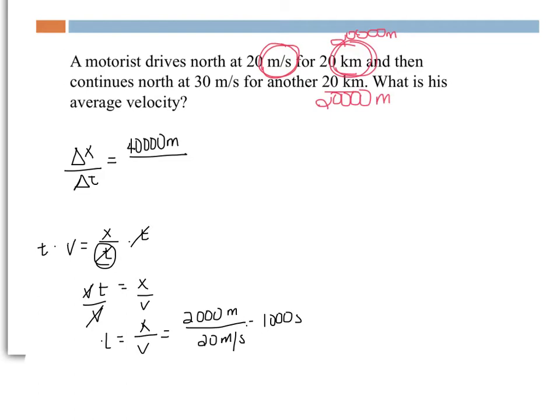For the second part, we can use the exact same equation. We don't have to re-derive it. And our displacement was the same. And our speed was 30 meters per second. You should have gotten a time of 666.67.